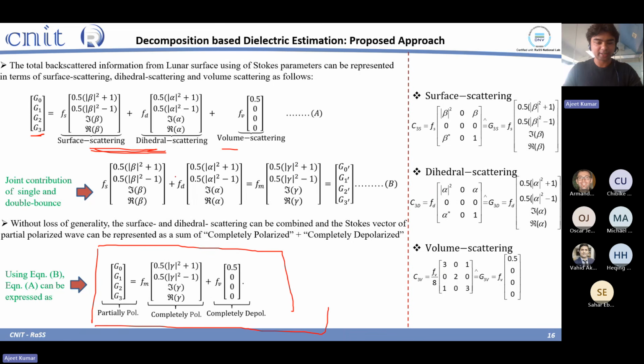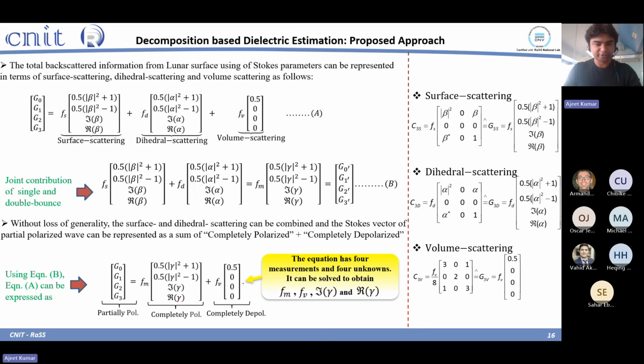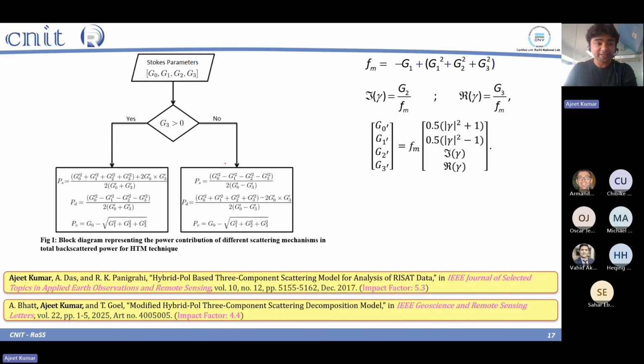This is a very interesting equation. We usually have what we call the wave dichotomy theory, which says that a partially polarized wave can be represented in terms of a completely polarized and a completely depolarized wave. The same thing is happening here. These two are combined together to represent it in this way. Now you can solve this equation very well, because it has four equations and four unknowns. You can solve all the equations and reach the decomposition method.